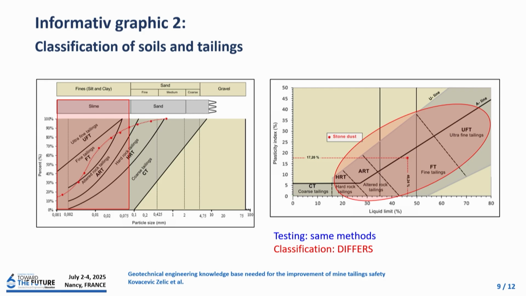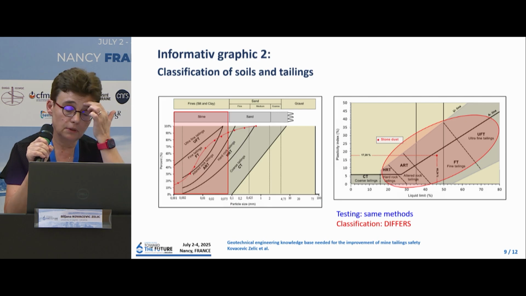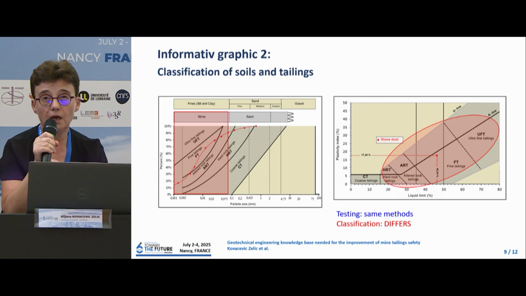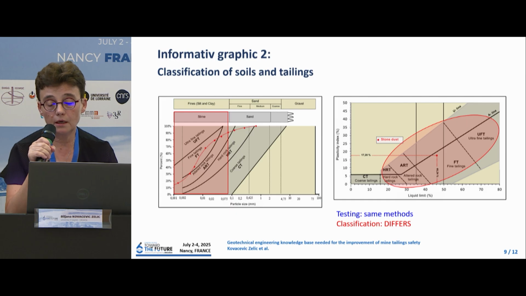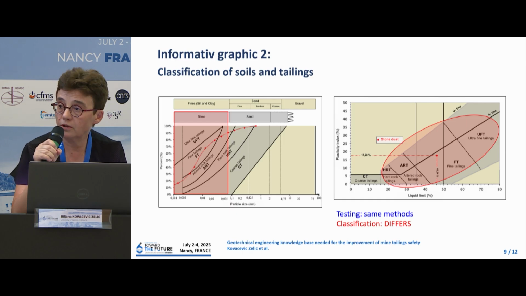And moreover, for tailings, very often, there is a need for some additional methods to divide, for example, something which will behave like clay-like tailings from, for example, the same grain size distribution that could be rock flour, which is a completely different material, considering plasticity.